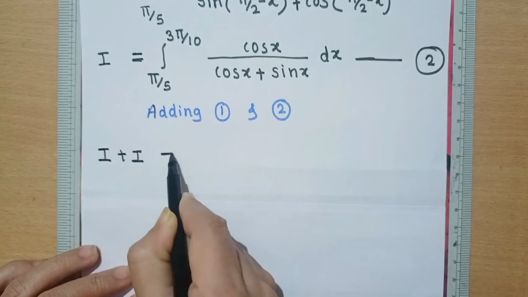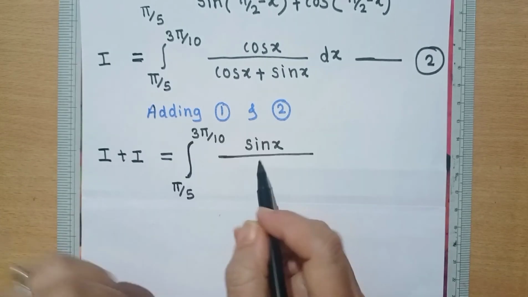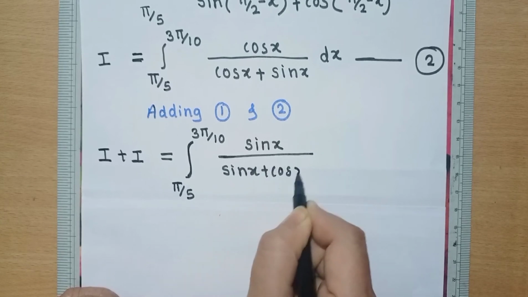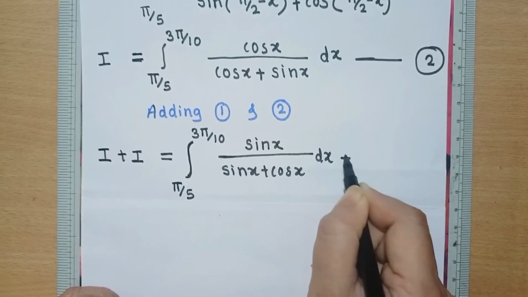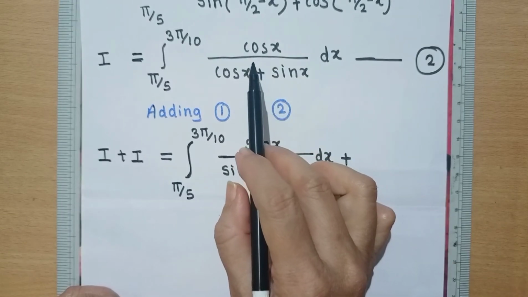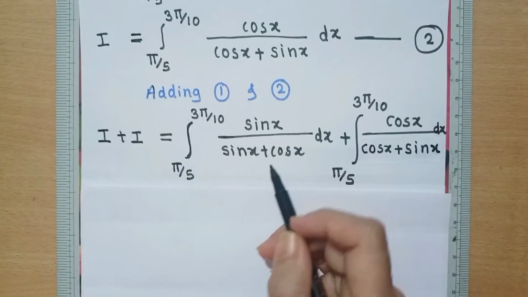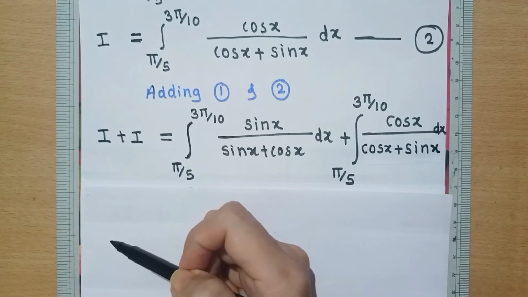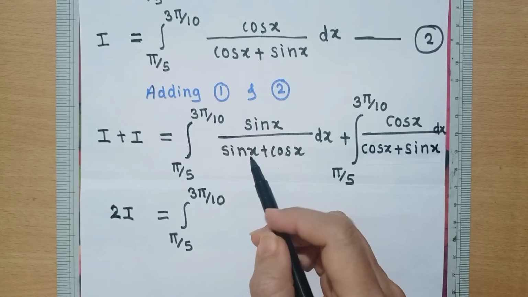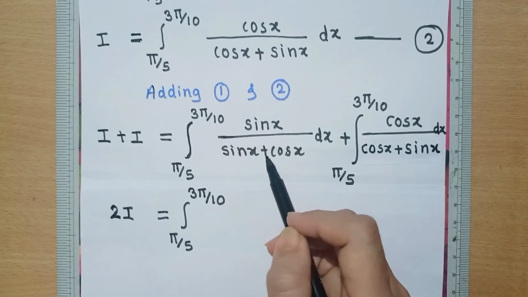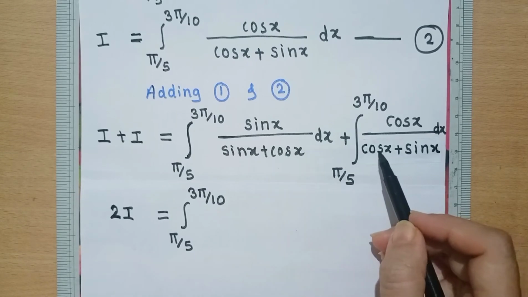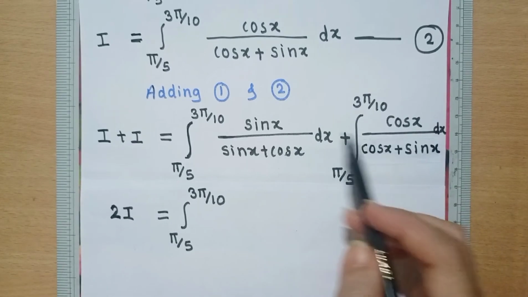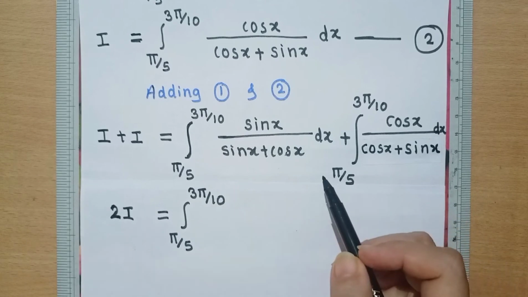So I plus I, and that is equal to sin x upon sin x plus cos x, dx. And the second integral is this, we will write here. Check the left-hand side now: I plus I is 2I, and here check the denominator, sin x plus cos x, and here cos x plus sin x, means the denominator is the same, so we will add up the numerator.